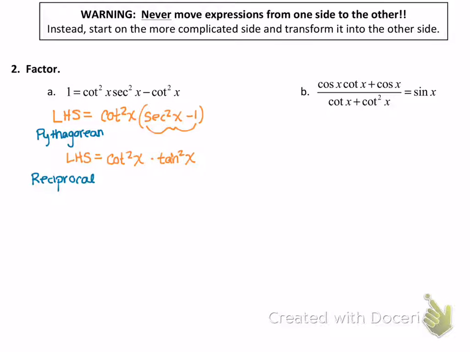So therefore, we can simplify. And we have our left-hand side equal to 1 over tangent squared x times tangent squared x. So those cancel out. And my final line needs to be that my left-hand side is equal to 1.